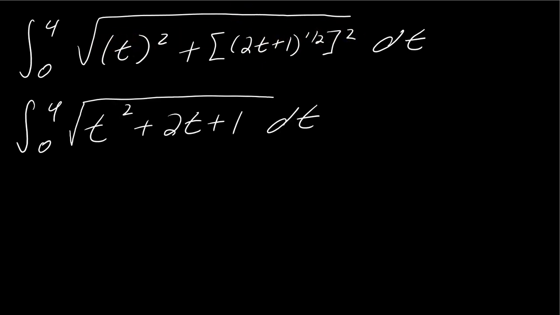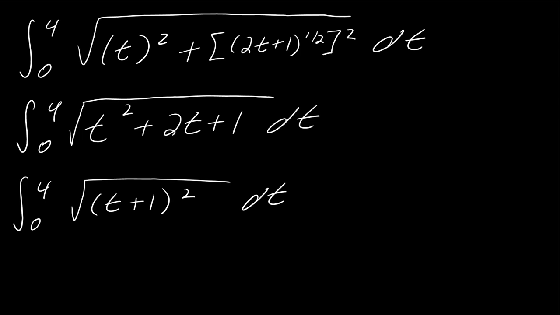When all is said and done, this is t squared, and then the 1/2 to the second, this whole exponent falls away, so I'm left with t squared plus 2t plus 1. You can rewrite this as (t plus 1) squared.